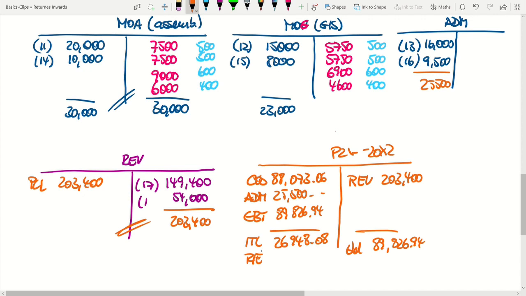And in the retained earnings account, I add 62,878.86.